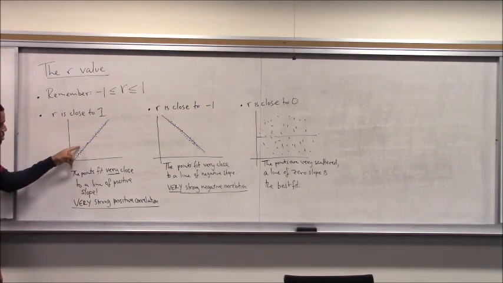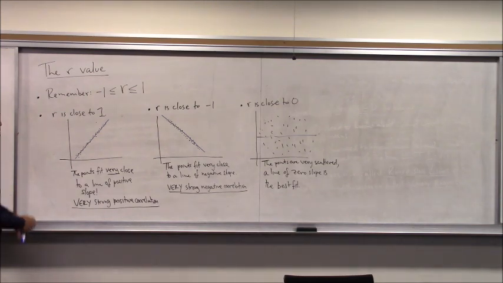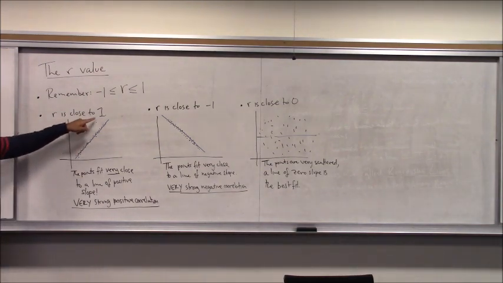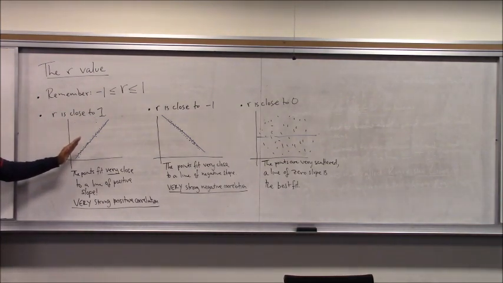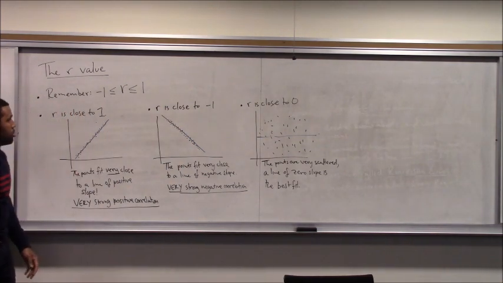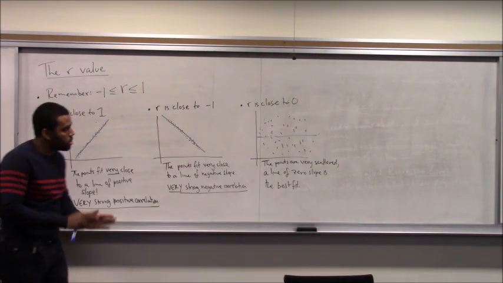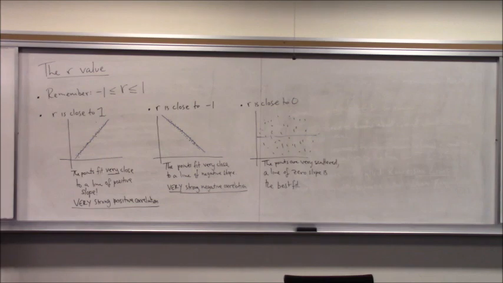There's always going to be some deviation, some point that's just out here, but a perfect 1 means everyone is literally on the line, and a perfect -1 would mean the same. When you get close to these values, points are very close to the line, with a little bit of spreading out, but not much.